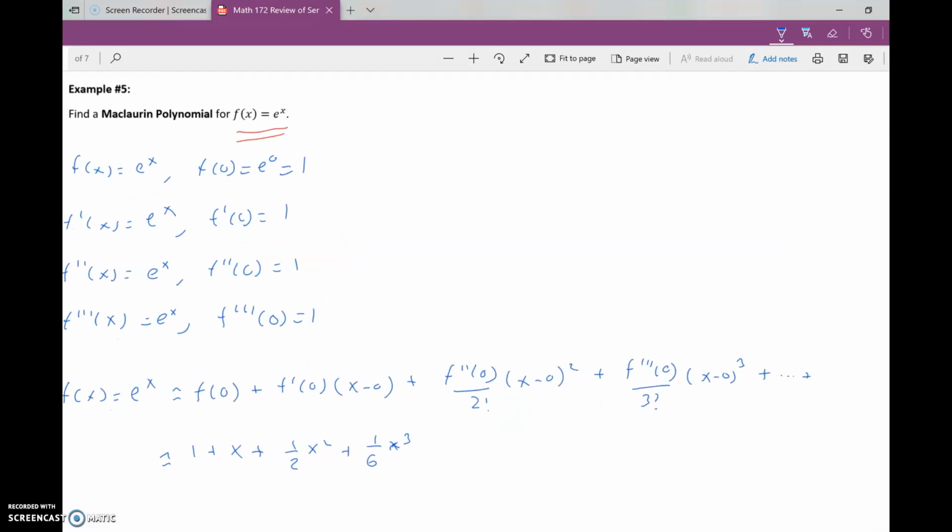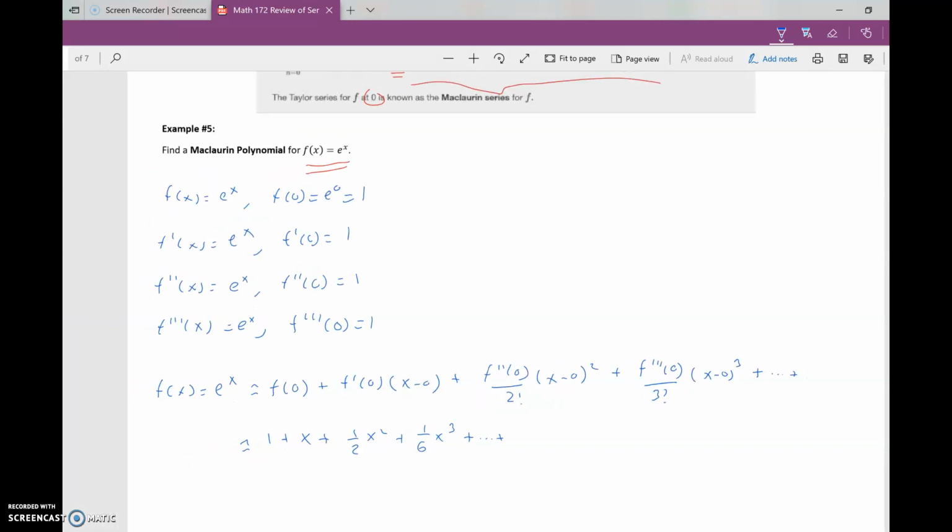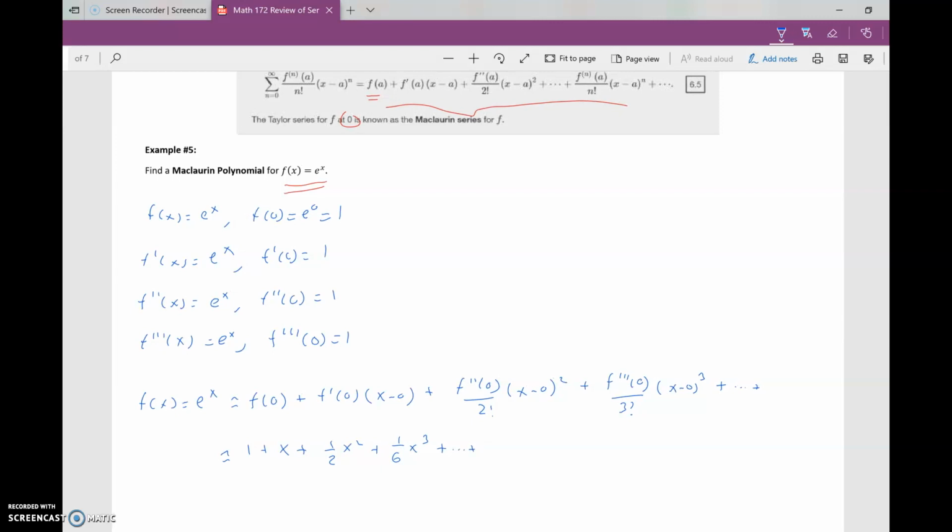Plus dot dot dot. So that's going to be our final answer. Don't forget the dot dot dot, because technically the pattern continues.